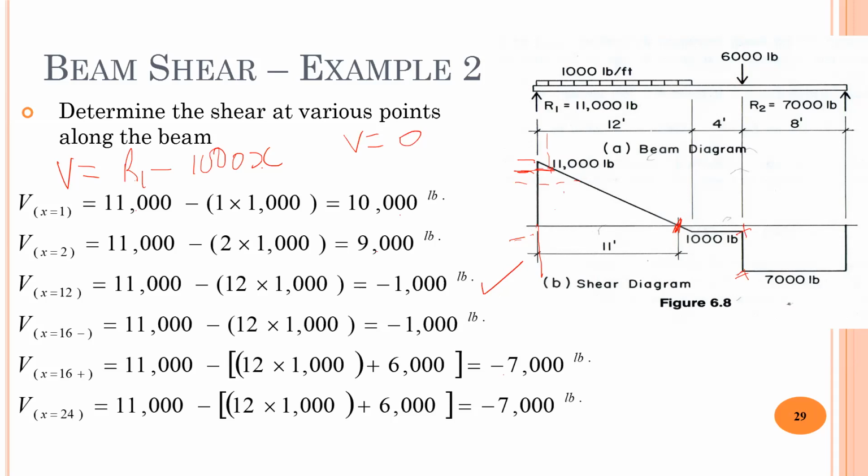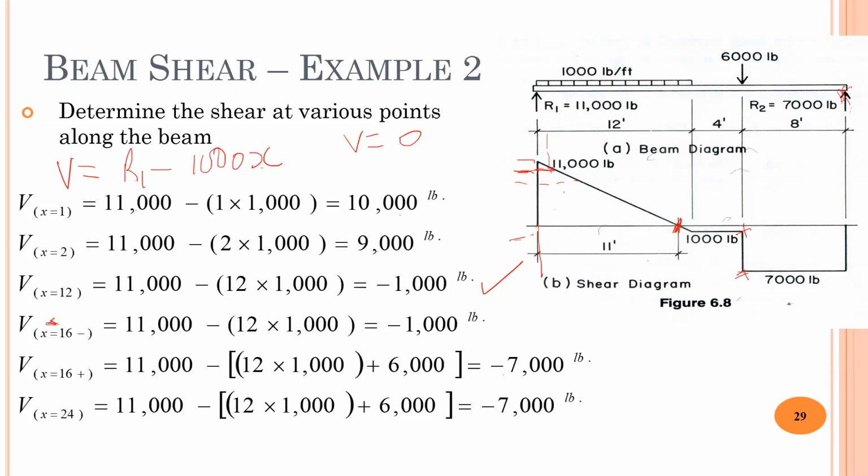If you notice, this is really a minus value there at 16. It's telling you that you have a value right here and a value here. All right, 24. It is right here, down here. What will be the value? That's 7,000 right there.